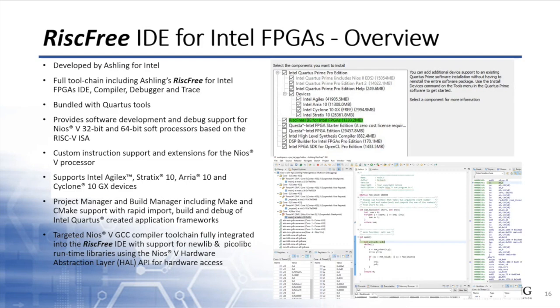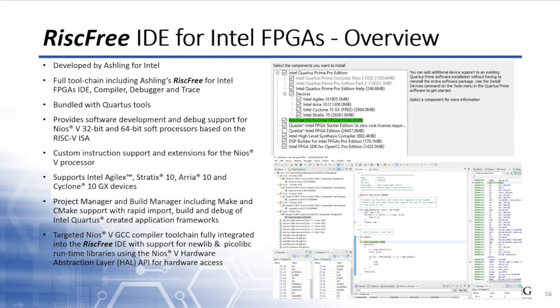It provides software development and debug support for Nios V cores, and not just Nios V cores but the ARM HPS as well. So if you have an Intel FPGA with an ARM HPS, you can debug the ARM HPS as well using the same tool, the same instance and the same debug probe, which again I'll be demonstrating today.